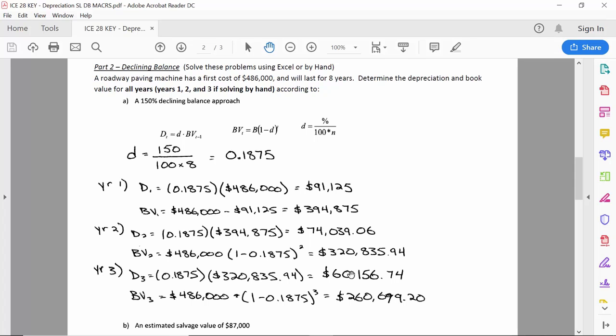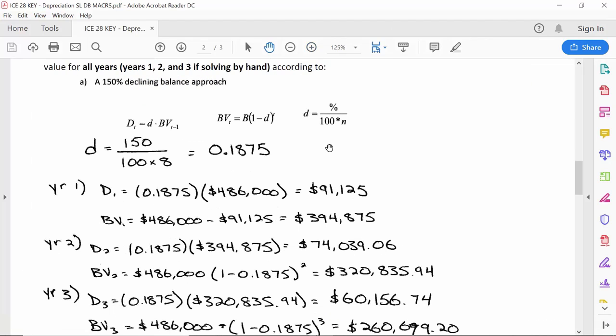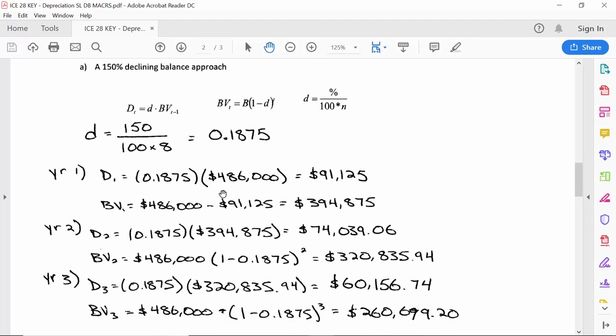So you're multiplying it by the initial value. The depreciation amount of year 2 is based on the book value at the end of year 1. So you have to do this year by year to know how much the depreciation amount in the following year is going to be.